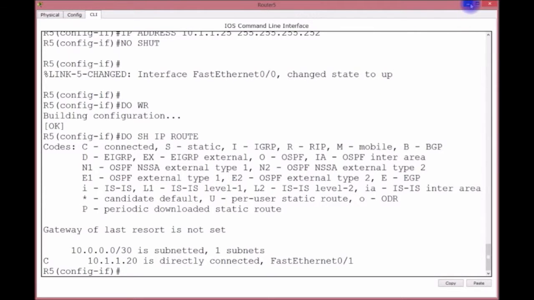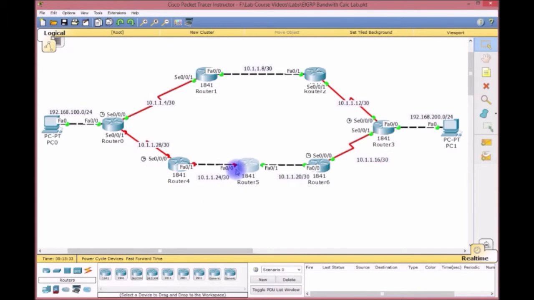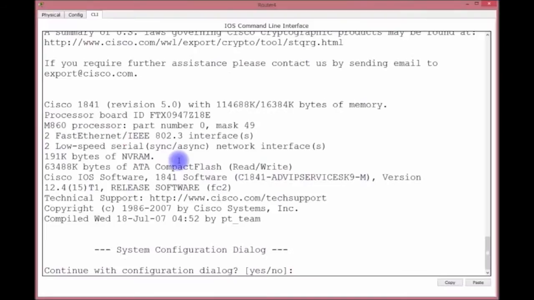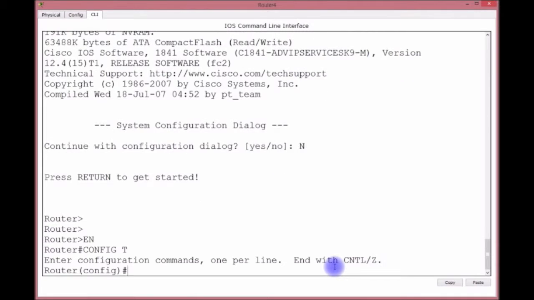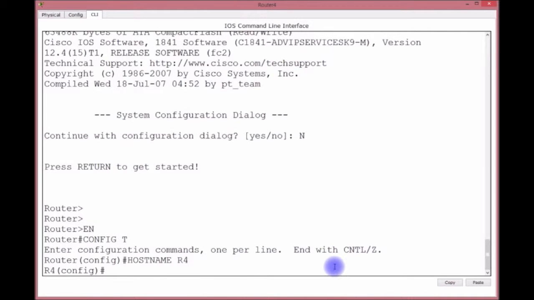All right, let's minimize that router. So we did this interface. This is 25, so this F0/1 is 26. So let's go ahead and do that one. Enable, config t, hostname R4. Enter. Okay.